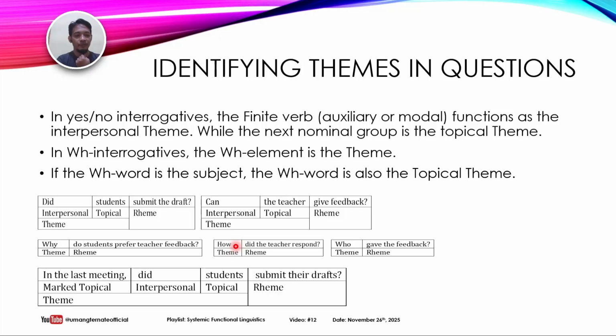And in the transitivity system, an adjunct functions as the circumstance element. So that's why here we call them themes, because they relate to the ideational or experiential elements of the clause. In this one, "who" is the theme, and the subject, so it is the topical theme.